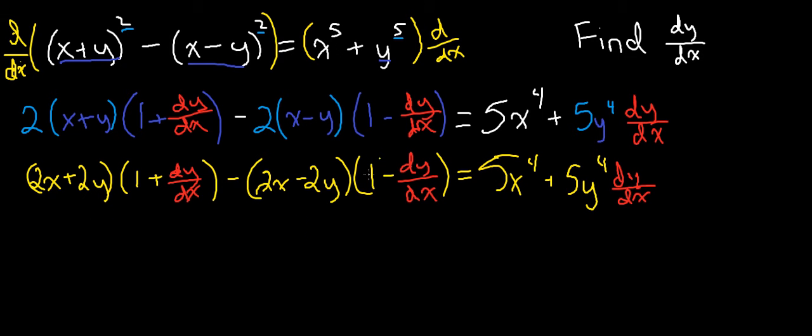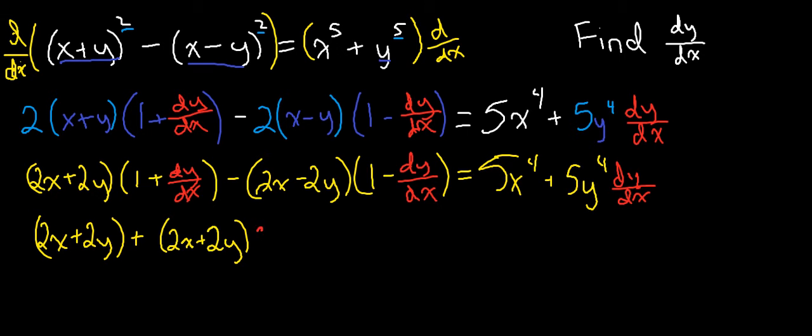We're going to get 2x plus 2y plus 2x plus 2y times dy dx. All I did is I simply distributed the 2x 2y to the 1, which we can see right here, and the 2x 2y to the dy dx, which we can see right here.